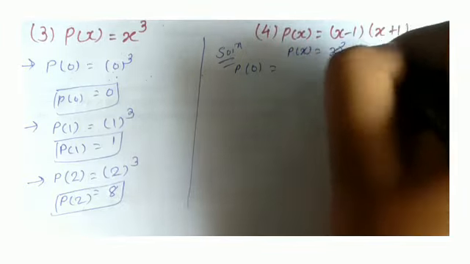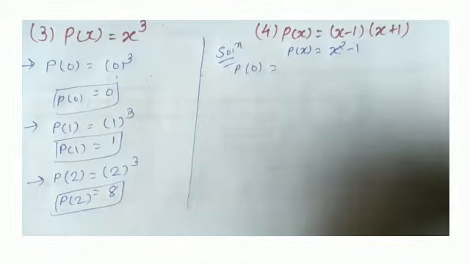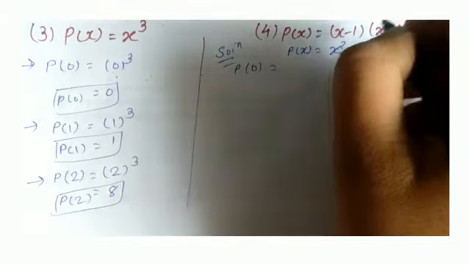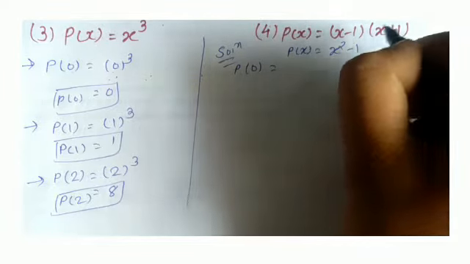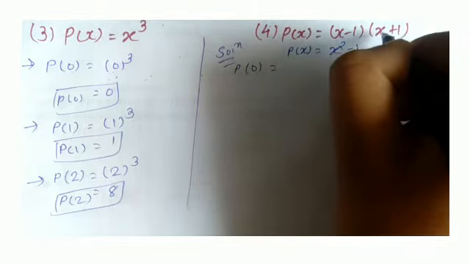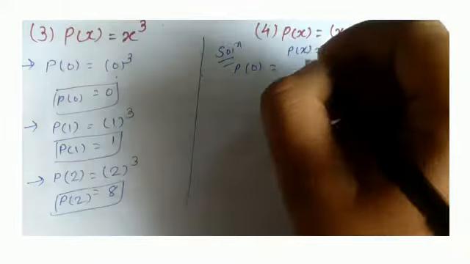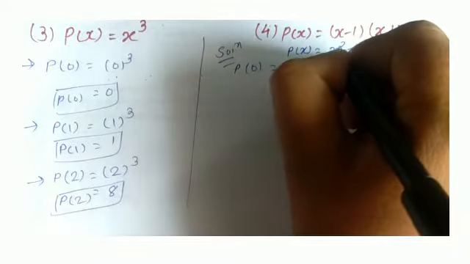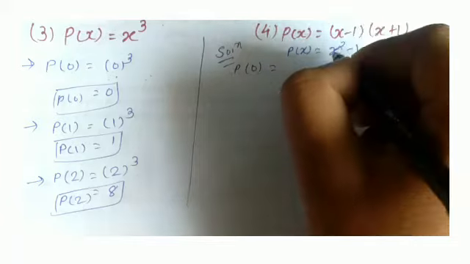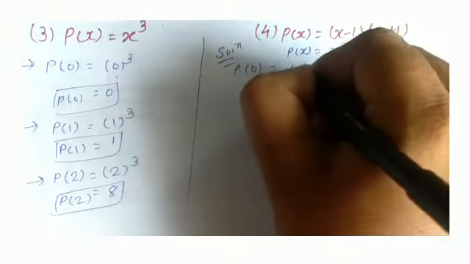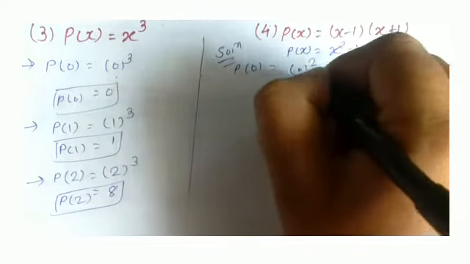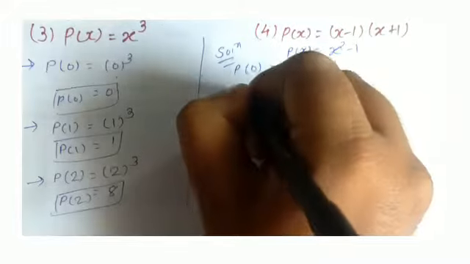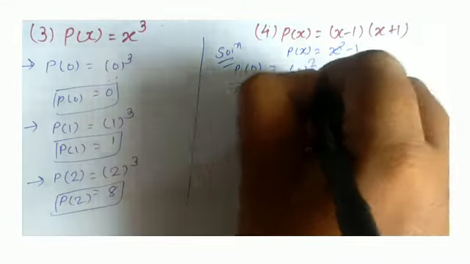So this is sorted out. If you do not know, you must remember the formula a square minus b square is equal to a minus b into a plus b. So now let me start. p of x, when you find out, the value of x is equal to 0. So 0 square minus 1 is equal to minus 1. So this one is our p of 0.